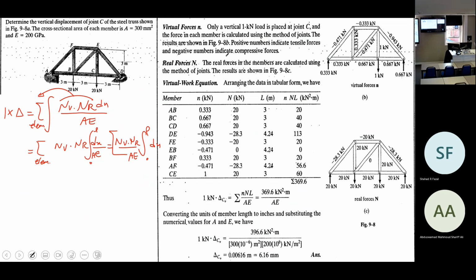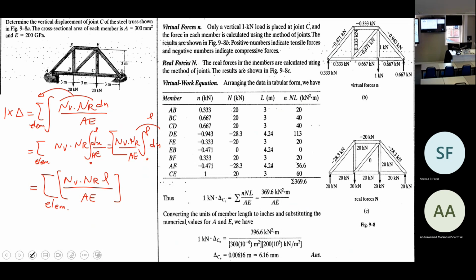From 0 to L means L minus 0, which is L. Good. It simplifies to the summation over all elements of N_V N_R L over AE. For truss structures, to be honest, you don't really need to deal with any integration. You only need to calculate this for all the elements and make a summation.